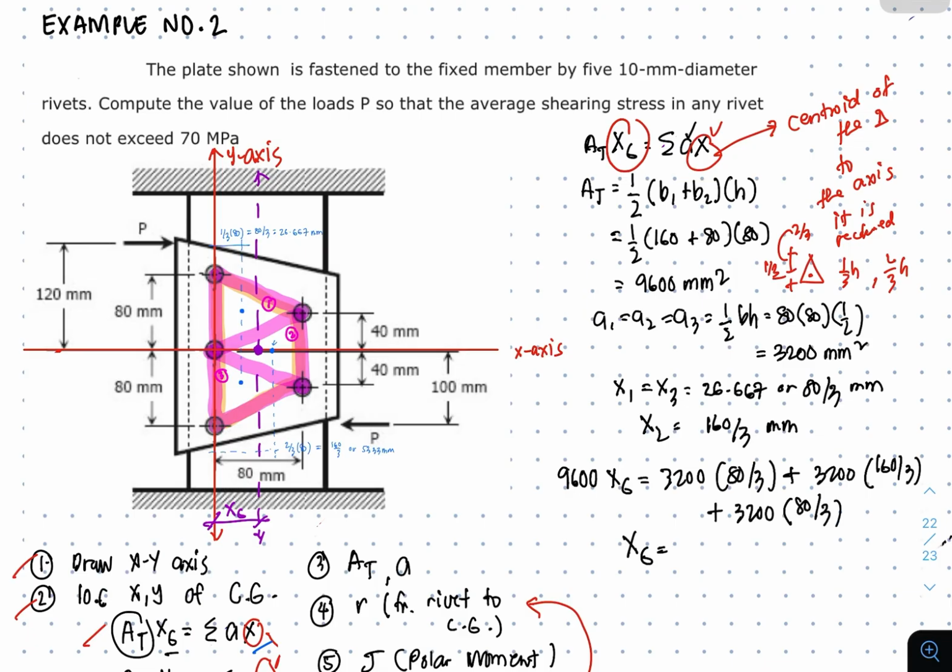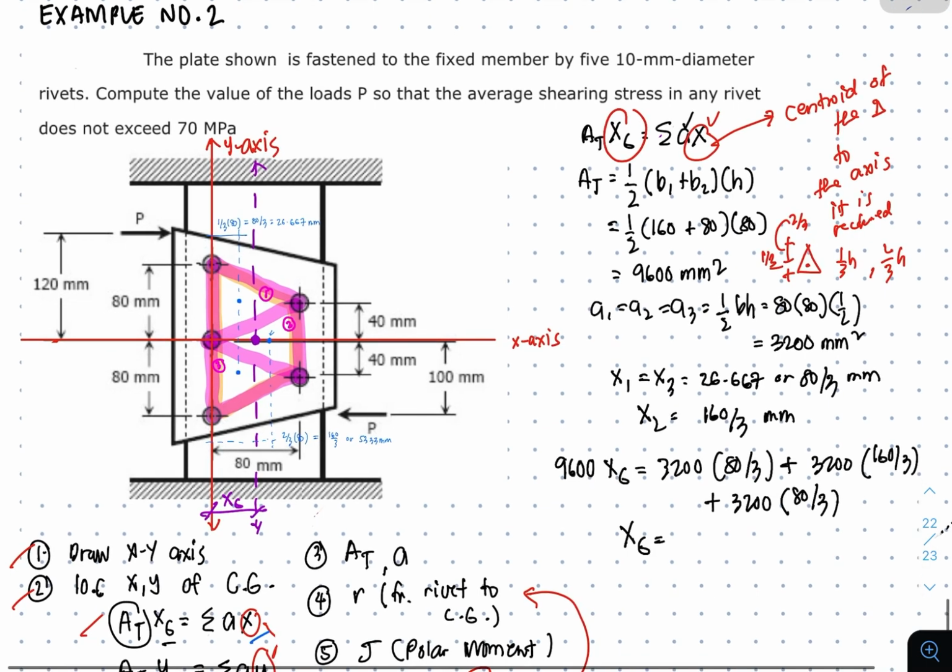Then for this one, we can solve for the value of x sub g, which is simply the location of our center of gravity. So for x sub g, that gives us a value of 320 over 9 mm, or 35.556 mm.